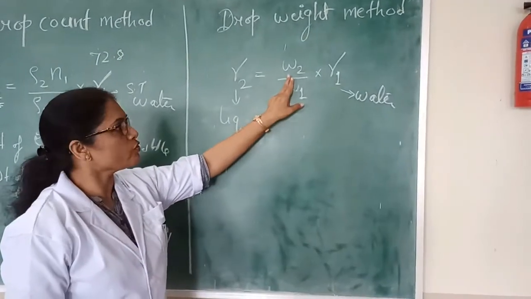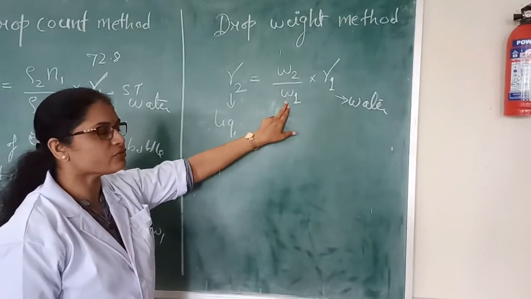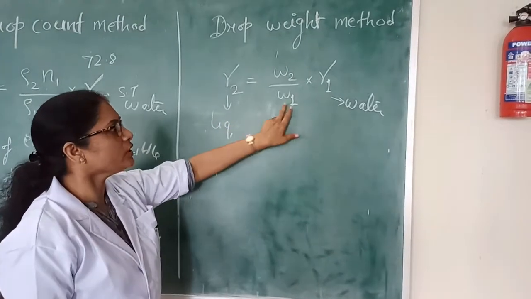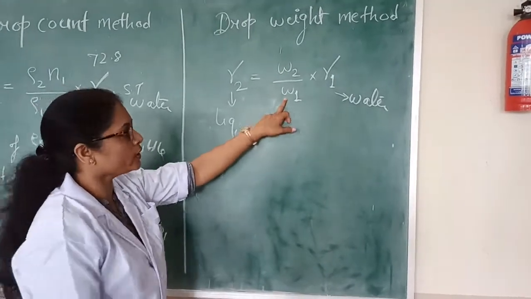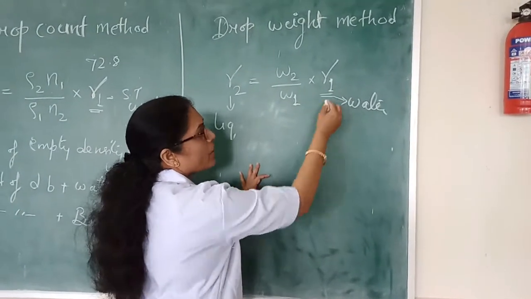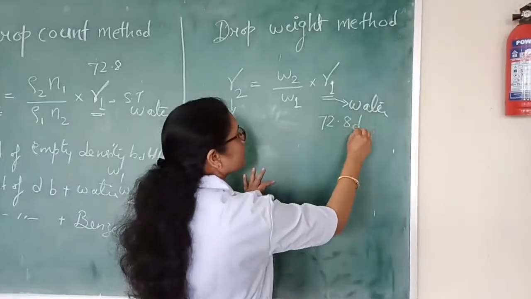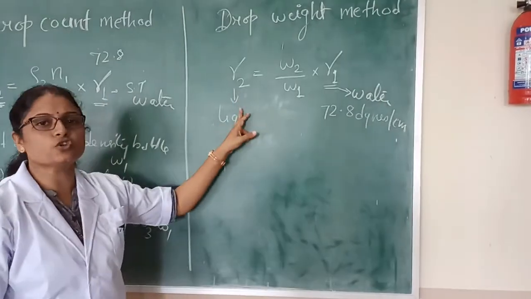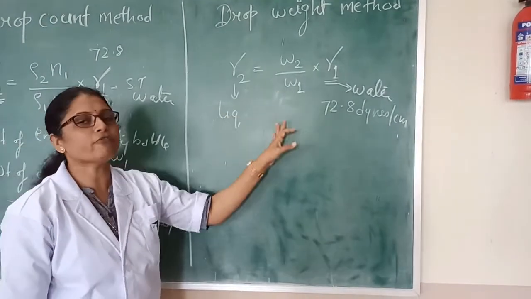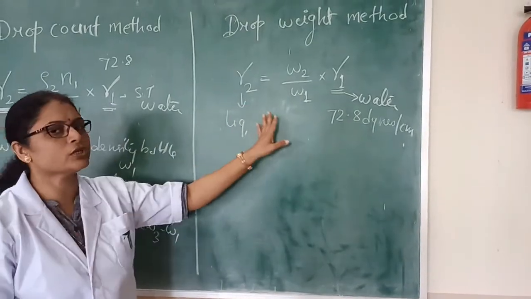This weight of drops we are going to determine for the 20 drops for the liquid as well as for the water, and by substituting the values over here, weight of drops of liquid divided by weight of drops of water multiplied with gamma 1, that is 72.8 dynes per centimeter, we can calculate the surface tension of liquid. So by using this formula we can find out the surface tension of liquid.